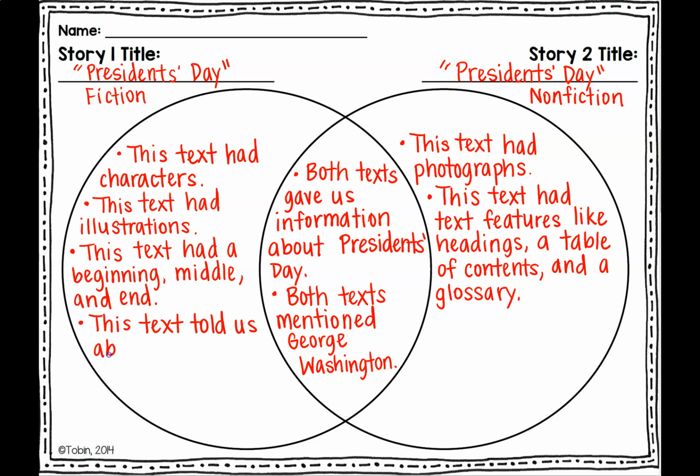One of them was Teddy Roosevelt. He was a president. His full name is Theodore Roosevelt. So that was one of them. And another president that the kid dressed up as was Abraham Lincoln. So this text told us about Teddy Roosevelt and Abraham Lincoln.